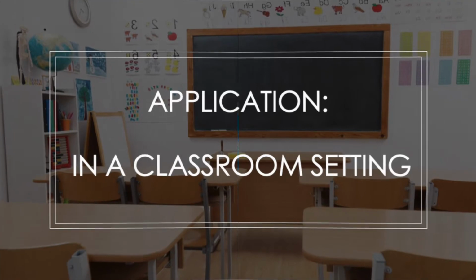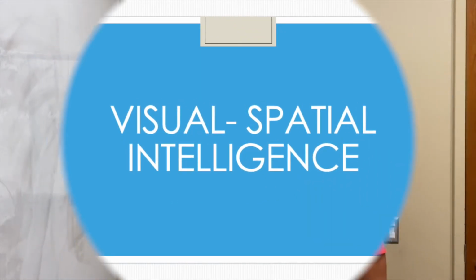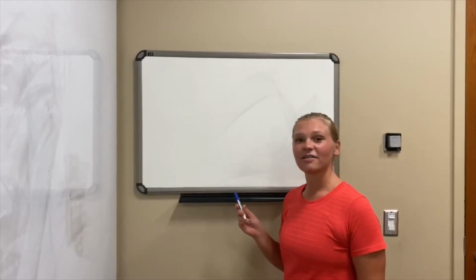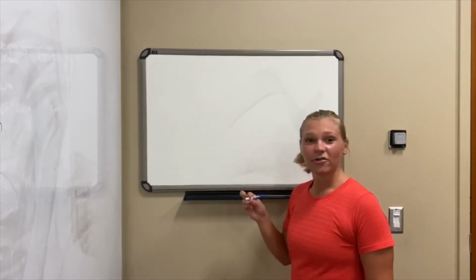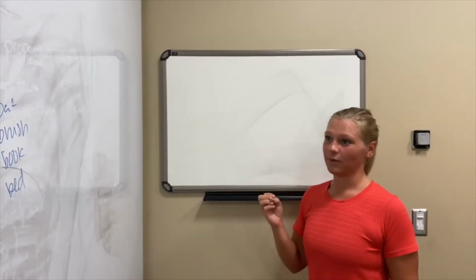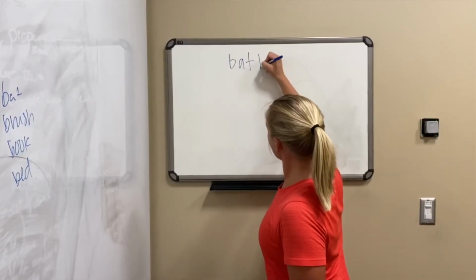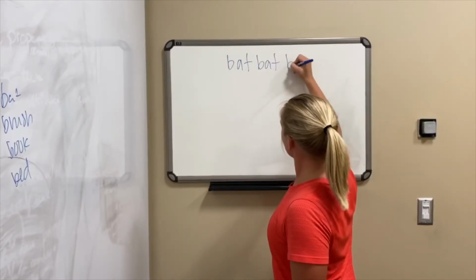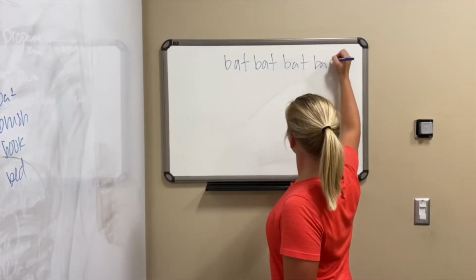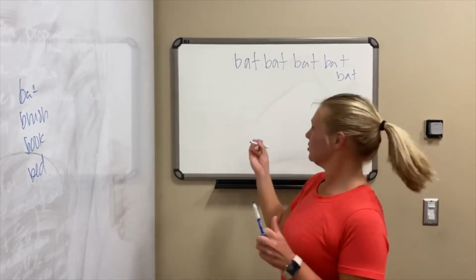Okay class, today we're going to learn how to spell words that start with B. So we're going to practice by writing these words on our papers 5 times each to learn how to spell. So first we're going to do bat. Then we're going to do brush.